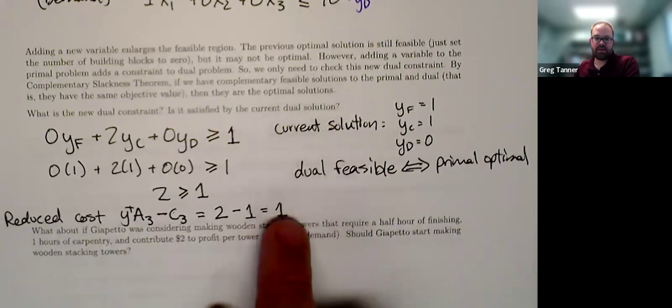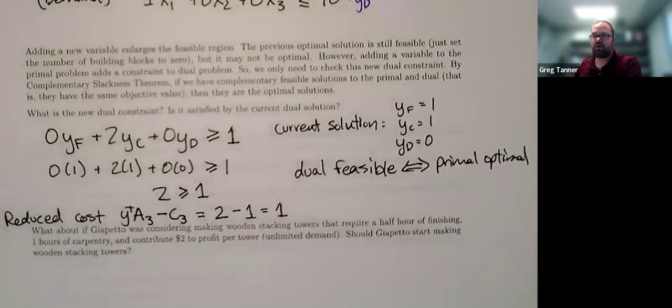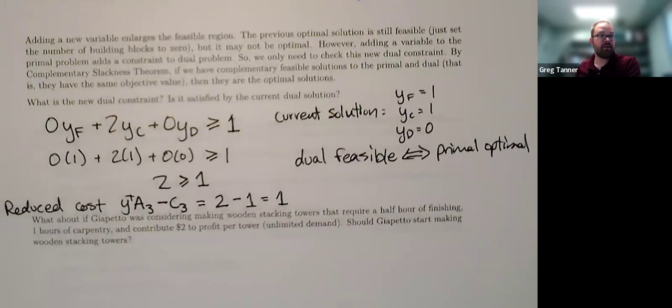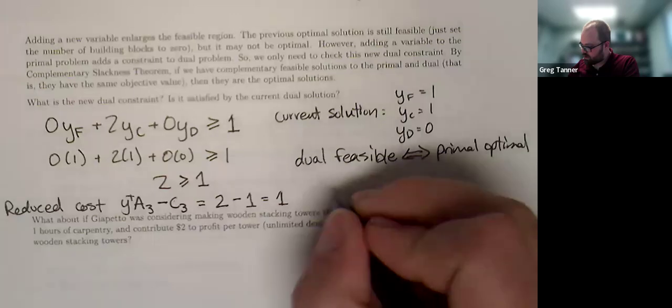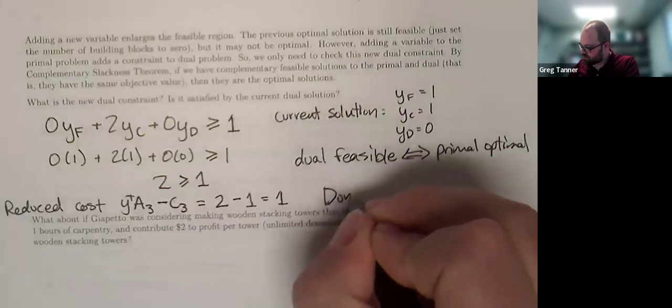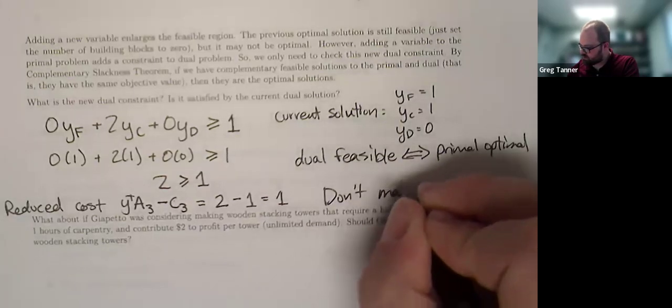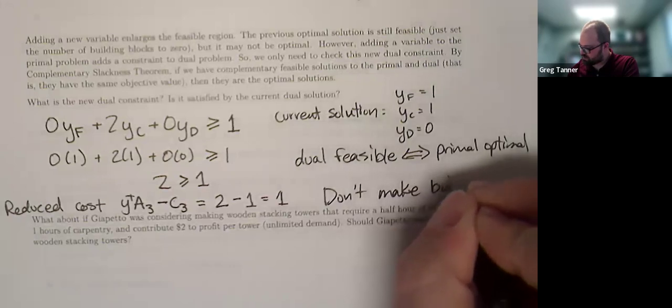It means that if we were to try to bring x3 into our basis, it would actually reduce the amount of profit. And so we wouldn't want to start making x3. So conclusion: don't make building blocks.